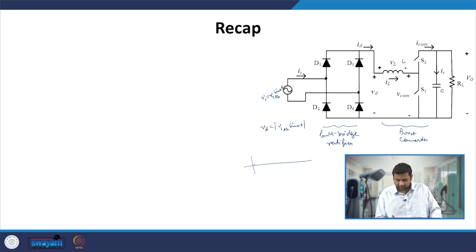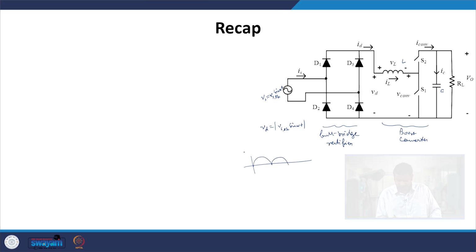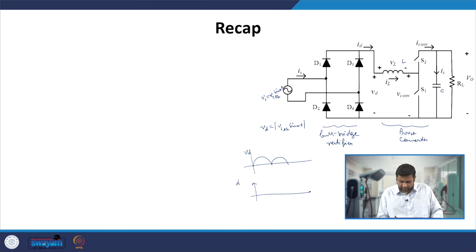The duty ratio d(t) varies with time in this manner, as a result of which we obtain the voltage V0.